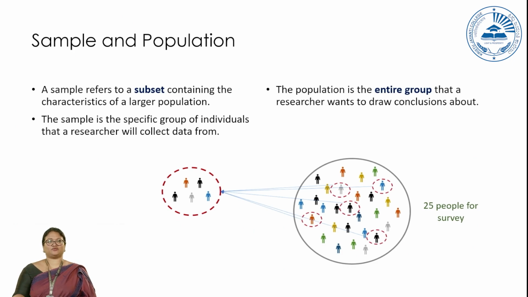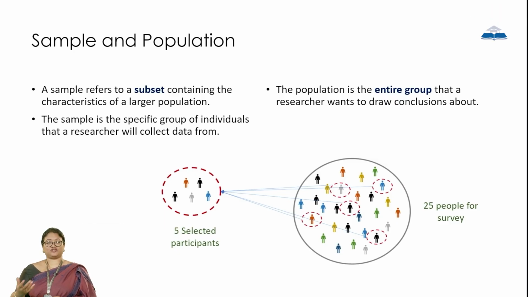So I'm going to choose a representation of this particular population, and I'm going to find out from 5 people what is the effectiveness of the advertisement. I can take only 5 participants from the 25. I can choose to take all the 25 participants.